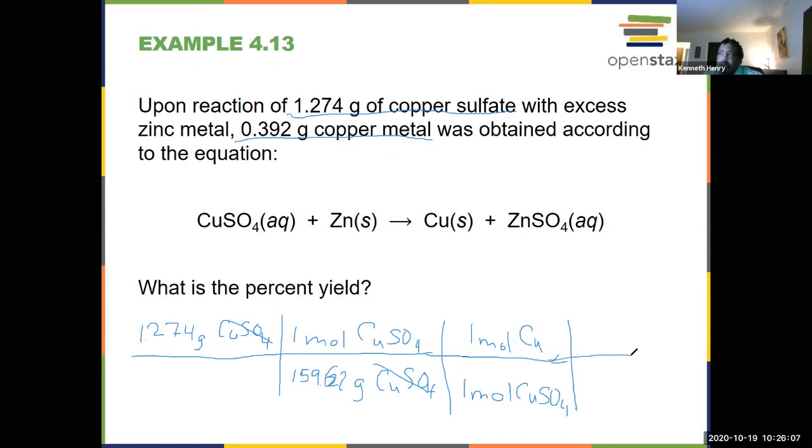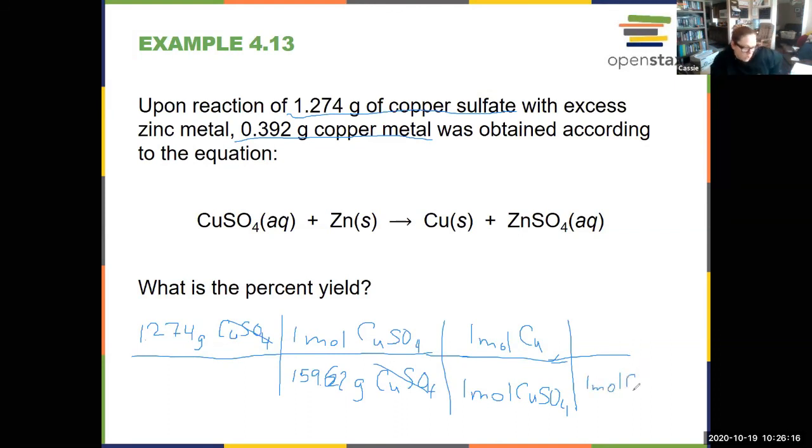And then if we want the mass, you go 1 mole of copper on the bottom, and then you do your grams. So 64 grams of copper on top.